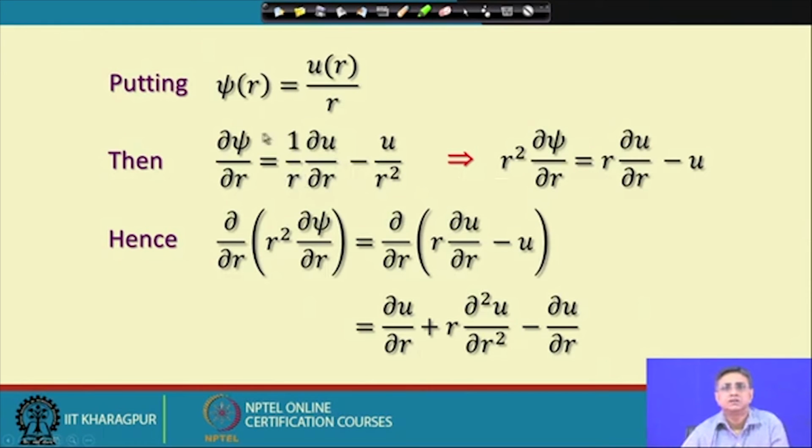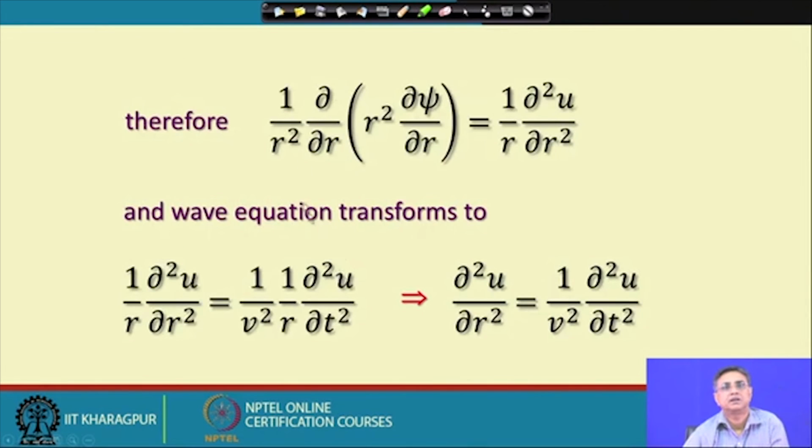Now, when multiplied by r square, you get r square del psi del r equal to r del u del r minus u. Hence, del del r of r square del psi del r is equal to this, which will give you two terms which are identical but opposite in sign. So, these two terms will cancel. So, this left hand side now becomes r del square u by del r square, and the wave equation now transforms to this form.